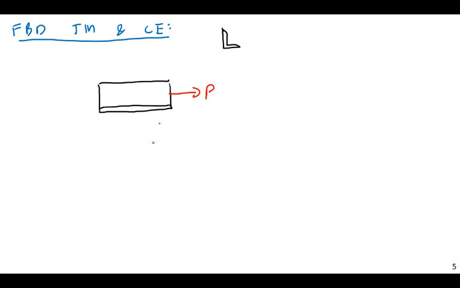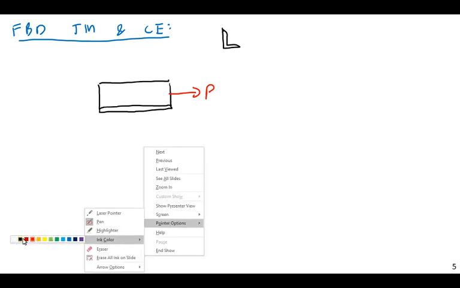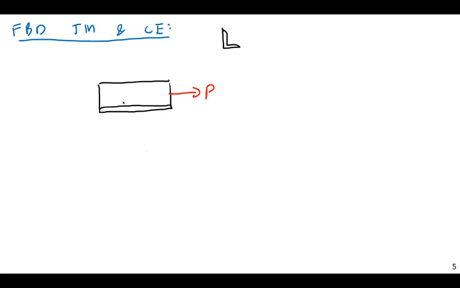So sometimes you use a connecting element instead. I'm going to consider my column to be much beefier than this angle, enough that I can consider it a fixed support. In real life this would be a big, beefy column, and I want to take the tension load from this tension member and deliver it to the column.